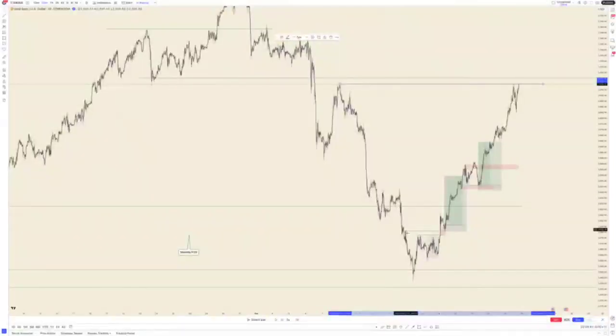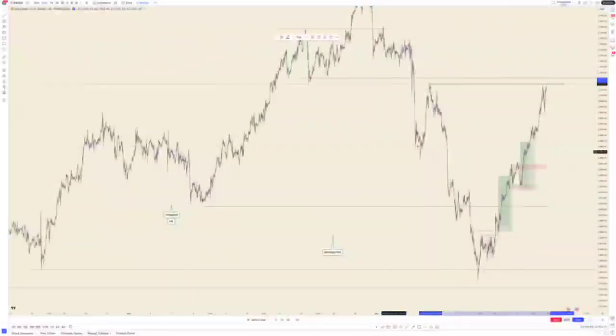The only available pullback that I'm seeing, a valid pullback, is this one.